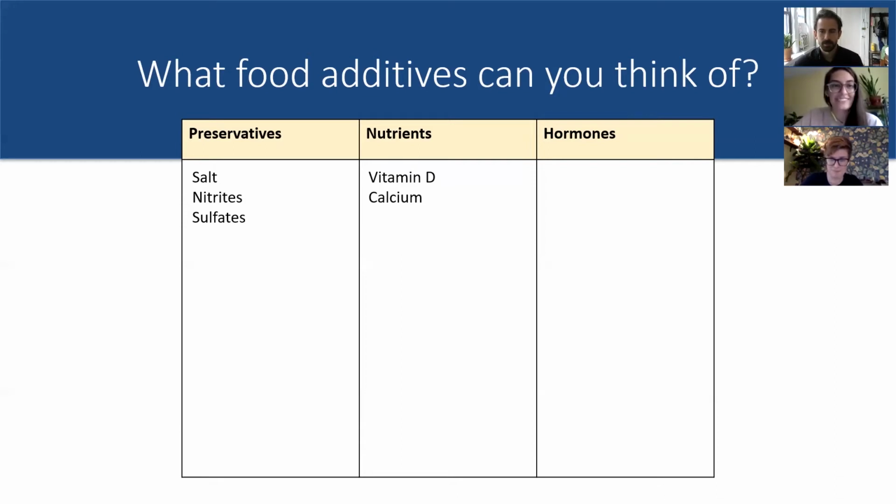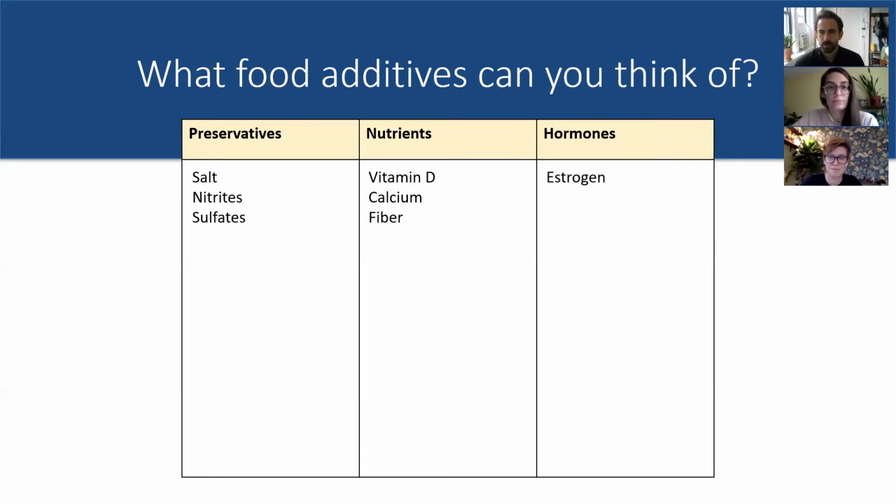Any others? Fiber, I think. Yep, fiber. Yeah, oftentimes in the processing of different types of foods, you can lose some of that fiber content. So adding it back has been a way to introduce that fiber into people's diets. And how about hormones? Like female hormones, like estrogen. Yep, estrogen.